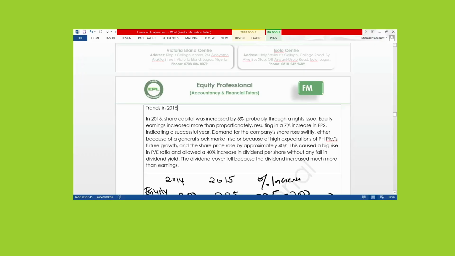Why is there demand? We are not sure. Either because of a general stock market rise or because of high expectation of Warri PSC's future growth.